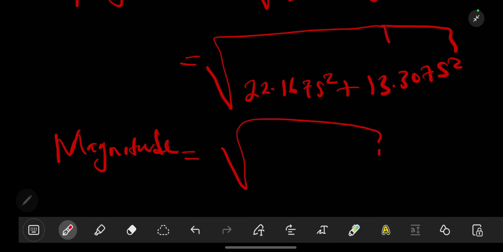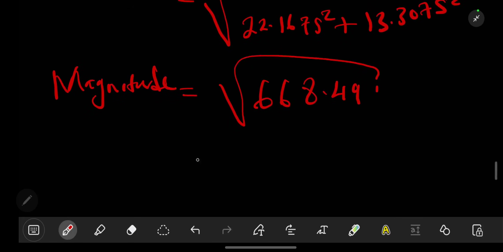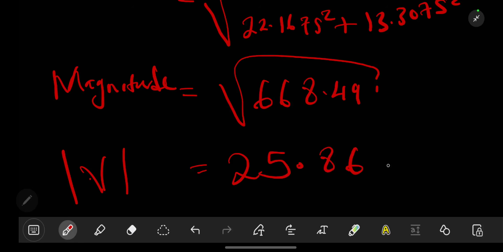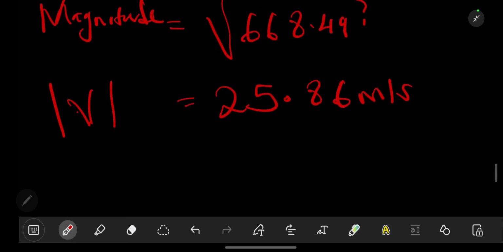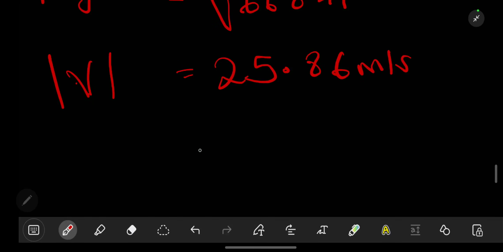This is going to give us 668.79. When we find the square root of this, we are going to have the magnitude of the velocity. You can use this, which is always positive. If you are looking at the magnitude, it will be 25.86 meters per second. So that's how you find the magnitude.